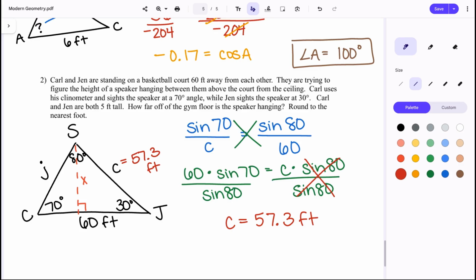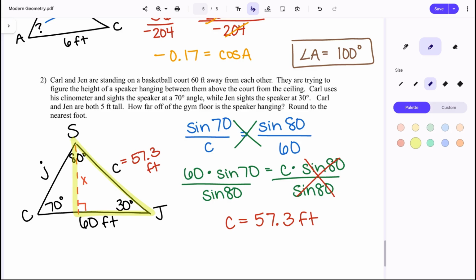You could have set up a similar proportion using law of sines to find small j if you wanted to instead, and then you would use that other side of the triangle. Since I have that 57.3 here, and I've got a 30-degree angle, and I want to find my x, I'm going to isolate my thinking right now. I'm going to highlight this triangle.